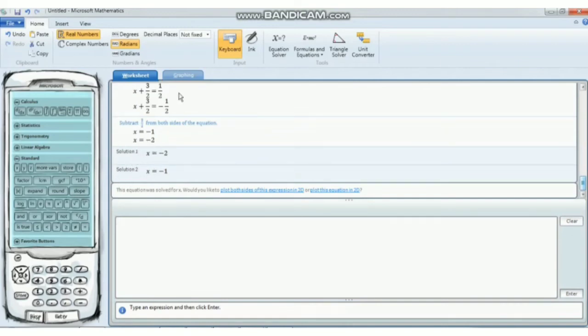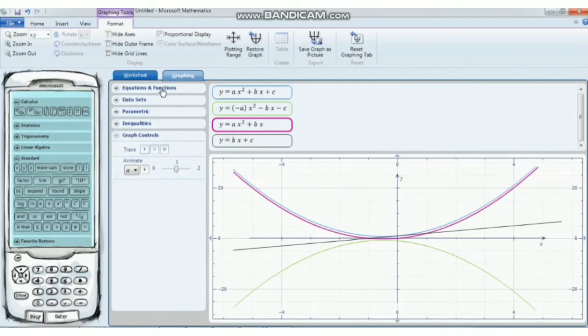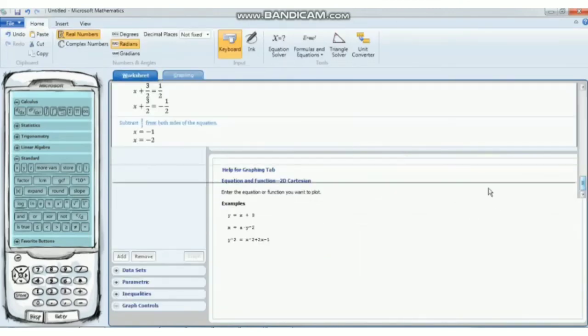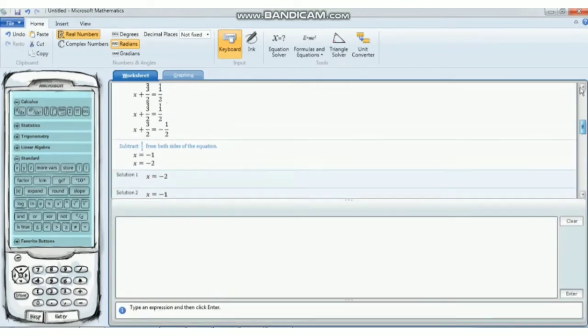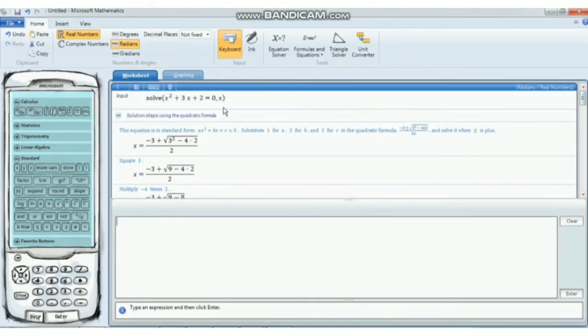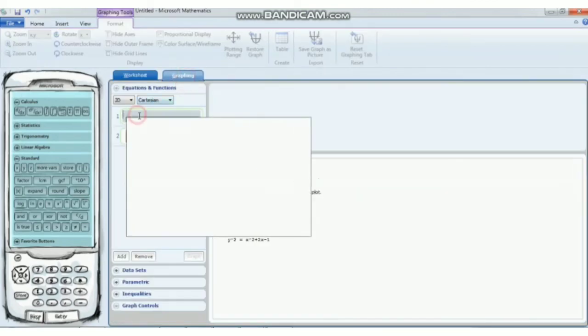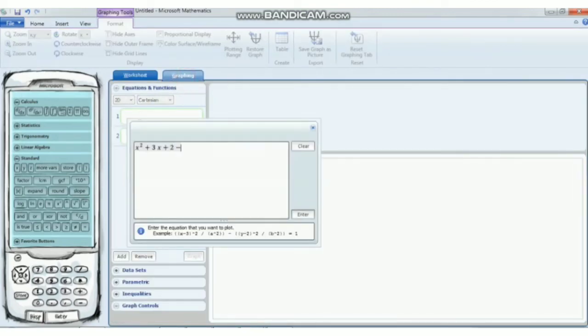And then we can graph the quadratic equation x squared plus 3x plus 2 equals 0. We also can graph the quadratic equation x squared plus 3x plus 2 equal to 0, and then enter.